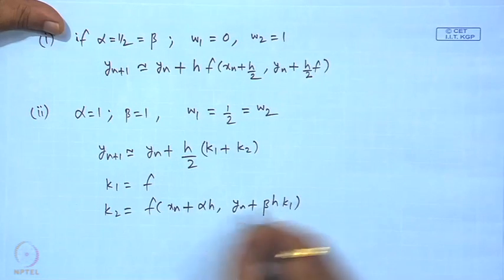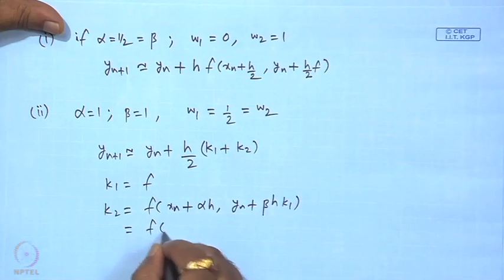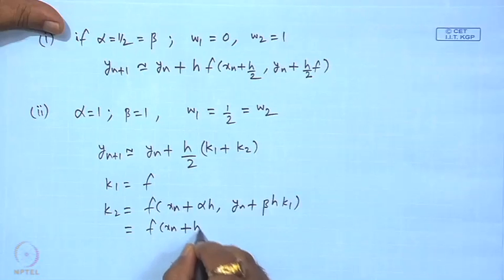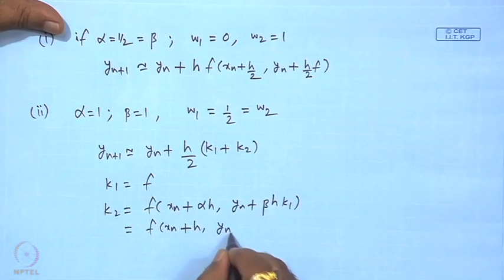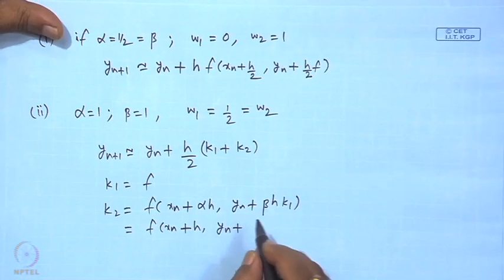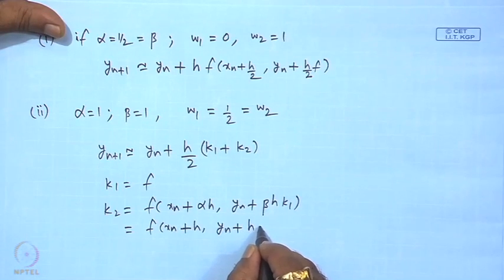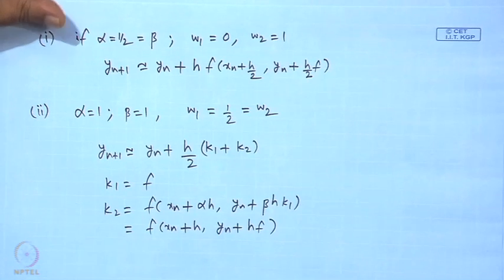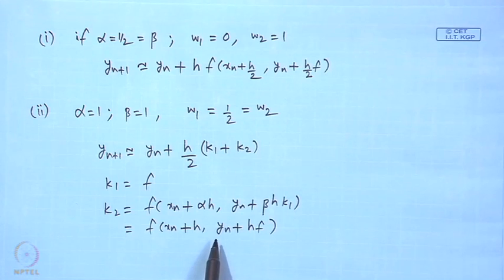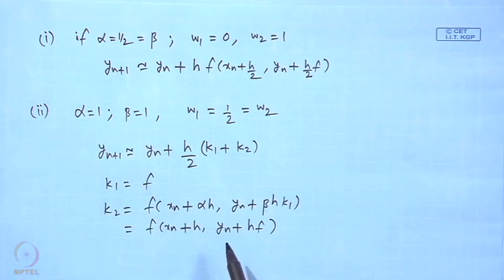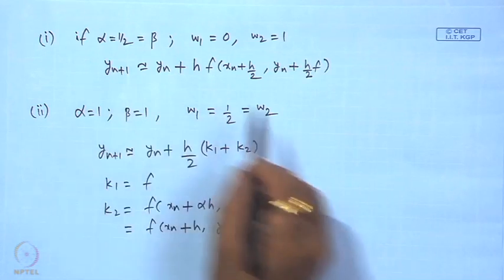This reduces to f of x n plus h, y n plus h k 1, where k 1 is f. So, this is the particular case when alpha is 1.